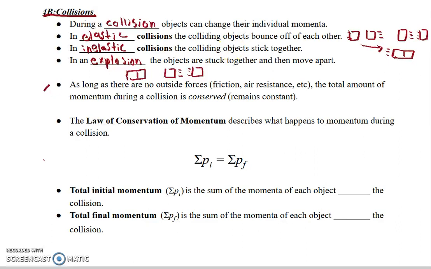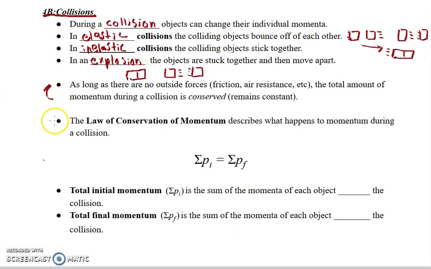You can get an elastic, inelastic, or explosion, and all of those are going to cause the momentum of those objects to change. So it's important to keep in mind that when you're looking at these collisions, as long as there's no outside forces, meaning if you're only looking at just what's happening during the collision, you're negating friction, you're negating air resistance, the total momentum during a collision is conserved, meaning the total momentum remains constant.